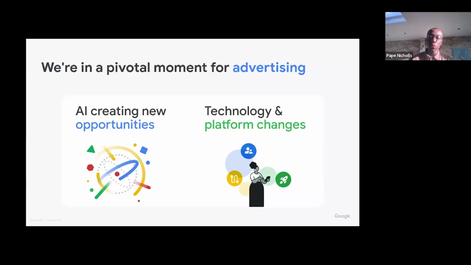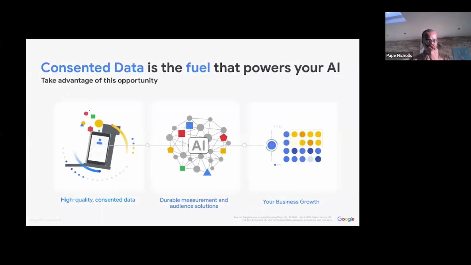But in order to do that, we need to have very solid foundations. How do we get these solid foundations? The first aspect is that we need to rely on first-party data, which is the data that you as an advertiser get directly from the users who are using your services.